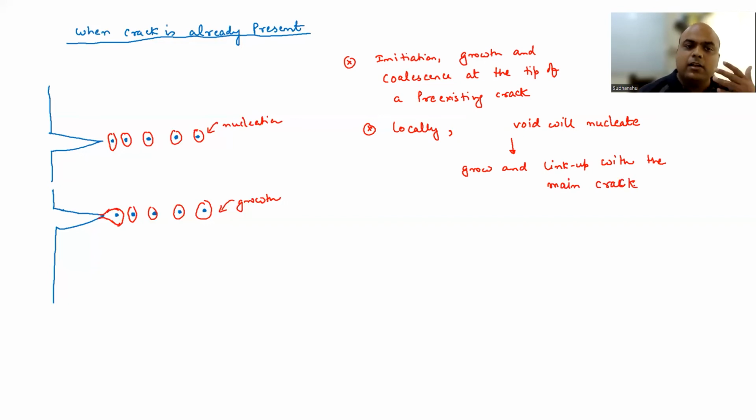Okay, and this is how your crack is going to propagate when you have ductile or say commercial metals and alloys where you have presence of inclusions. Okay, so this is how the crack is going to propagate, crack propagation.